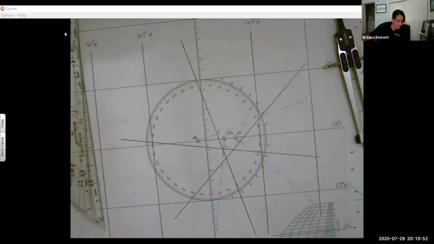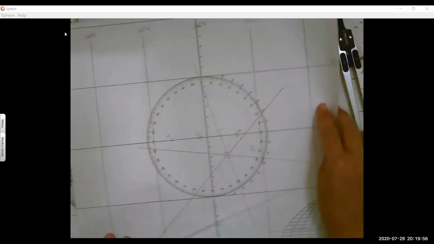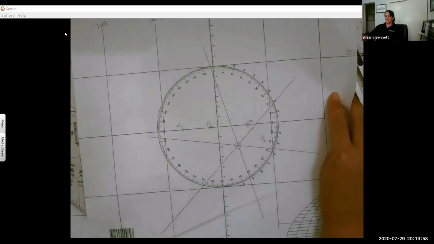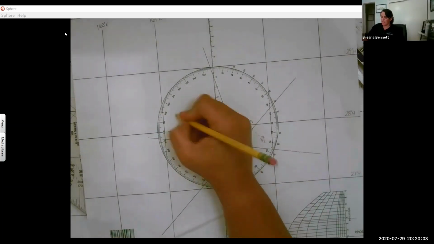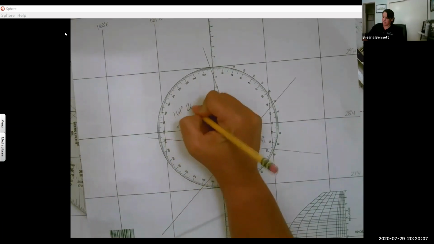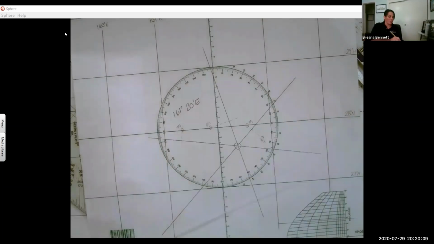I did a typo. I was like, I know I did this one. See, my assumed position number 3 is 161 20 east. On my homework, I have it as 162. Oh.